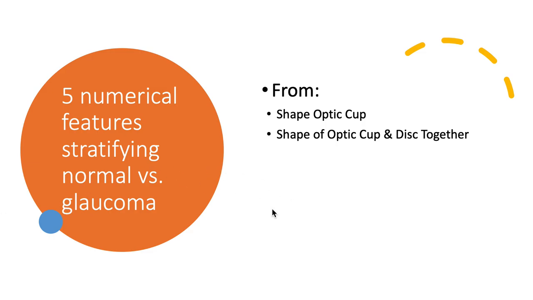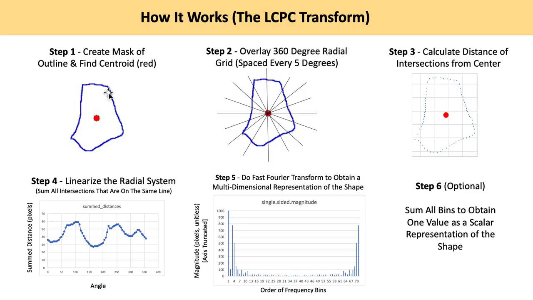For those who are familiar with how the Shape Genie or the LCPC transform measures shapes, you can stop watching here, but for those who are not familiar with it, let me take a minute to explain how it works. So if this is the shape of interest, you can apply the radial grid system in Shape Genie.